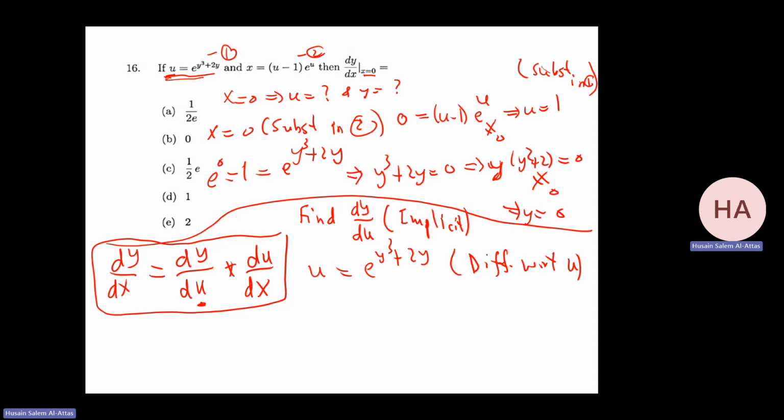So I have 1 equals e to the power y cubed plus 2y, don't forget, times the derivative of this with respect to u. So I have 3y squared, I need dy by du, plus, what's the derivative of this? 2 dy by du.